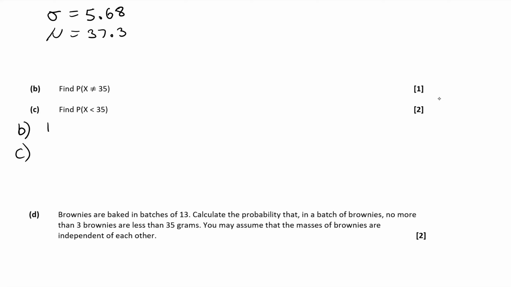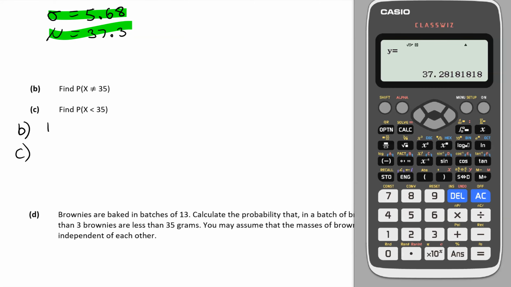Part C now just uses what we worked out in part A. So you do get follow-through marks for this, so if you did get incorrect standard deviations and means, as long as you've had a valid attempt and your answers pretty much make sense there, then you'll still get both follow-through marks, sorry. So we just go normal CD here. We just put something like minus 10,000 here, and we put upper of 35.